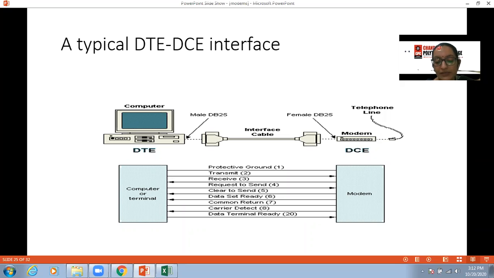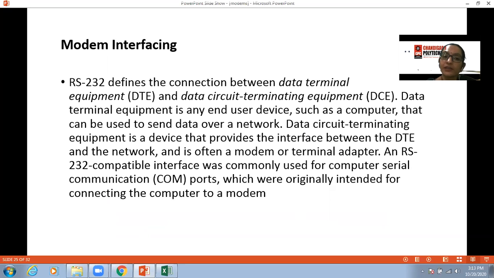A DCE provides a data link service for the DTE to communicate. So this figure shows the logical location and the function of both DTE and DCE. The practical significance of distinguishing between these two types of equipment is that they are pinned and cabled differently.